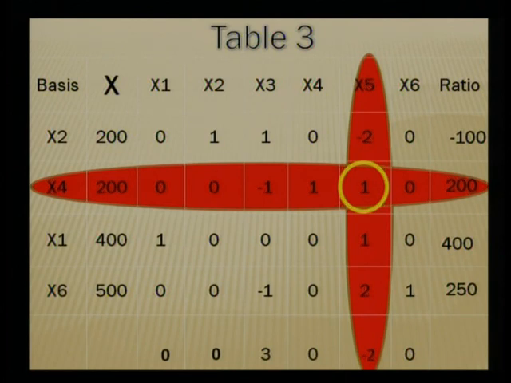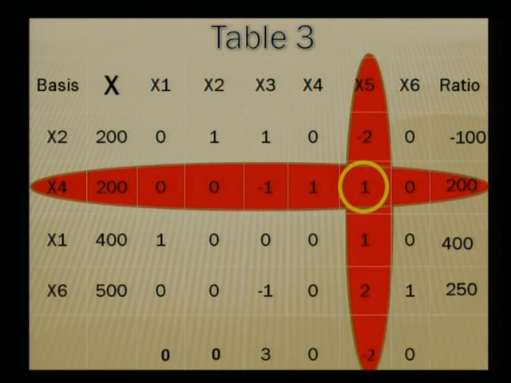The third row is 400, 1, 1, 0, 0, 0, 1, 1, 0, and 0. The last row, the x6 row, is 500, 0, 0, -1, 0, 2, 1.